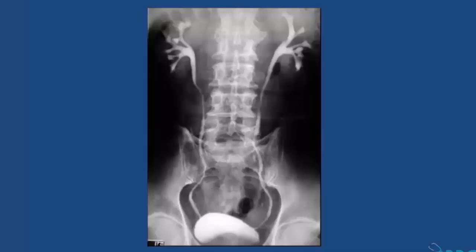So the ureters lie just outside the tips of the transverse processes. That's the usual anatomical description. And the points of narrowing are at the pelviureteric junctions. That's the narrowest point, the PUJ, the pelviureteric junction. But then also as the ureters pass anterior to the iliac vessels, as they enter the pelvis.